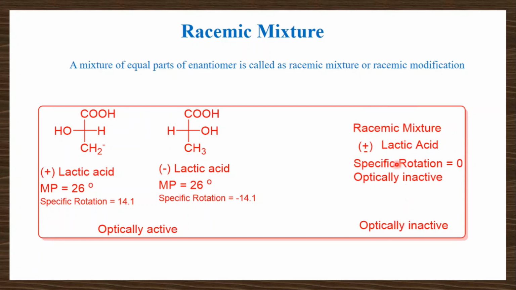The optical inactivity is due to external compensation. One rotates to the right hand side and one rotates to the left hand side, and the net effect is 0. That's why racemic mixtures are optically inactive, and the optical inactivity is due to external compensation. So a mixture of equal parts of enantiomers is called a racemic mixture or racemic modification. It is optically inactive and can be denoted by this sign.